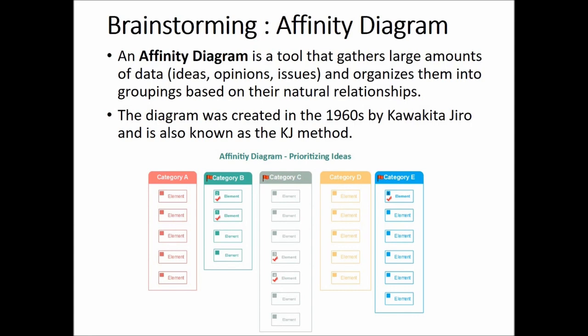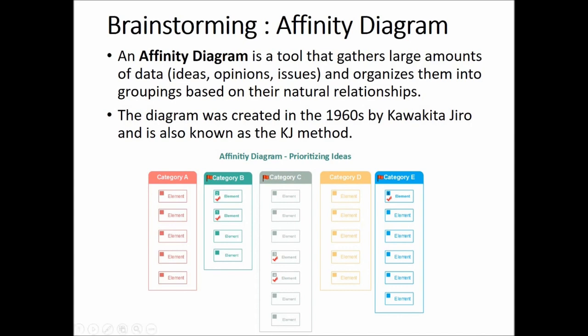So we try to categorize the ideas that we have into several groups using this affinity diagram. It was originally proposed by the Japanese scientist Kawakita Jiro. Therefore, sometimes this method is called the KJ method as well.